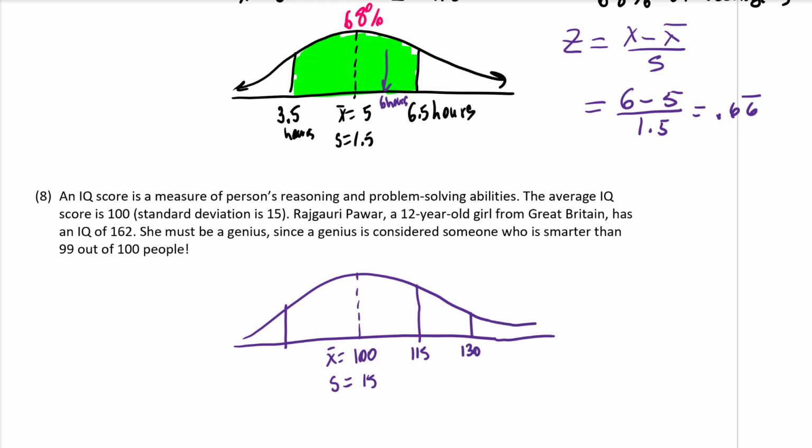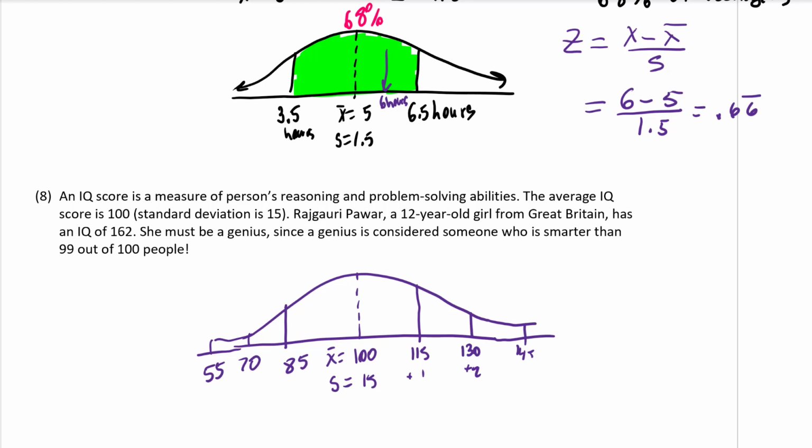And then let's make one more step. So that's 1 standard deviation, 2 standard deviations, and a 3rd standard deviation would put us at 145. And you can also go to the left: 85, 70, and 55. Right? Did I do the math right?